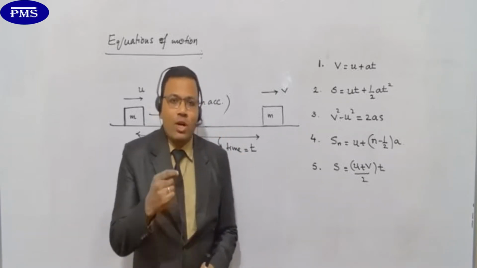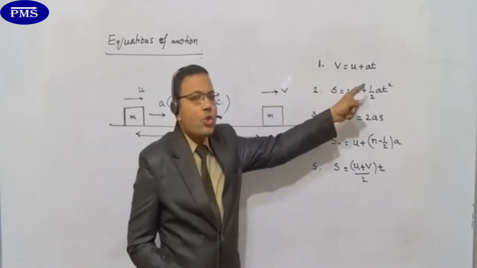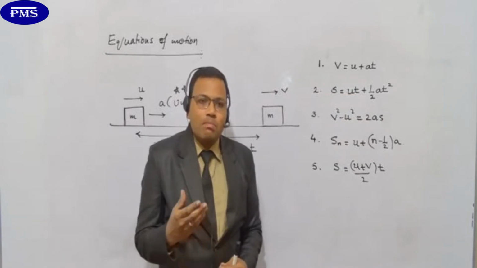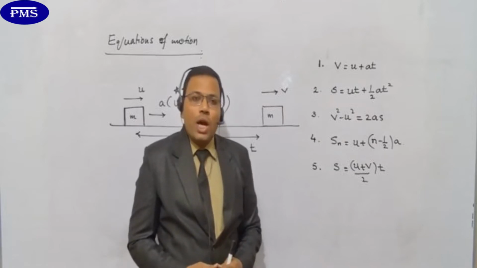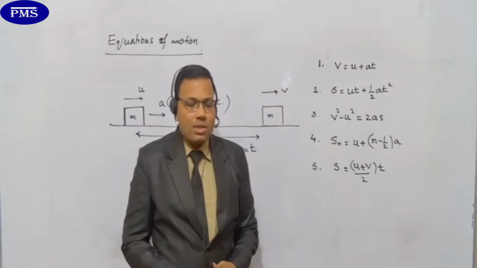चलिए अब हम देखते हैं one by one. देखिए बेटा, first equation you can see clearly, v is equals to u plus at. That is final velocity is equals to initial velocity plus acceleration times the time, right? So यहाँ पे आप कब यूज करेंगे this equation? Suppose the final velocity is asked, the body is moving.